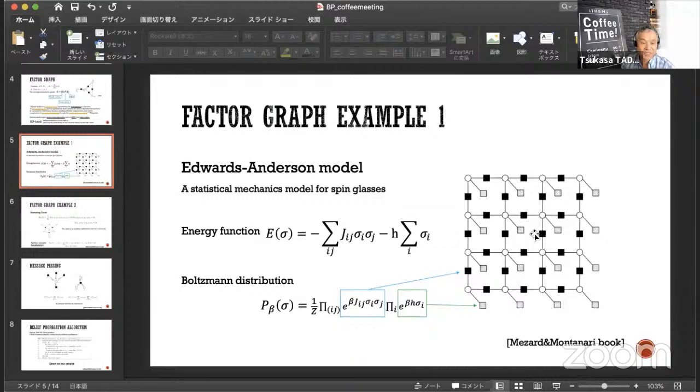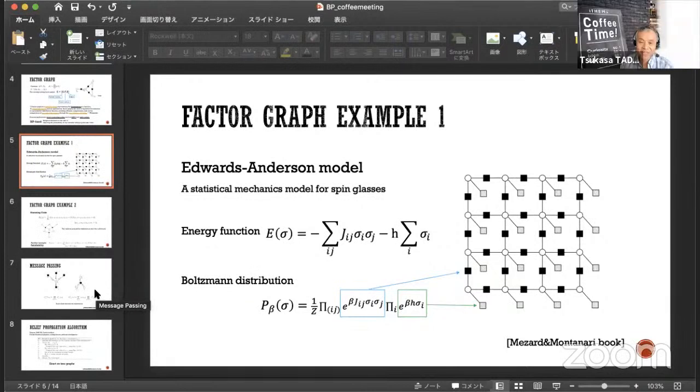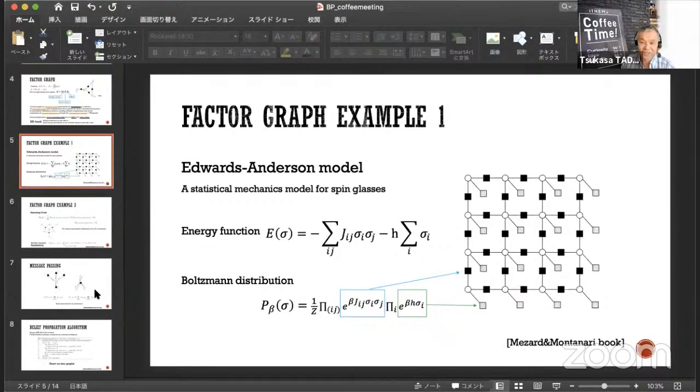Is there any difference when using message passing, or is it more efficient, or is the target different? Usually we evaluate the Boltzmann weight with random spin configurations, and there is some fluctuation.